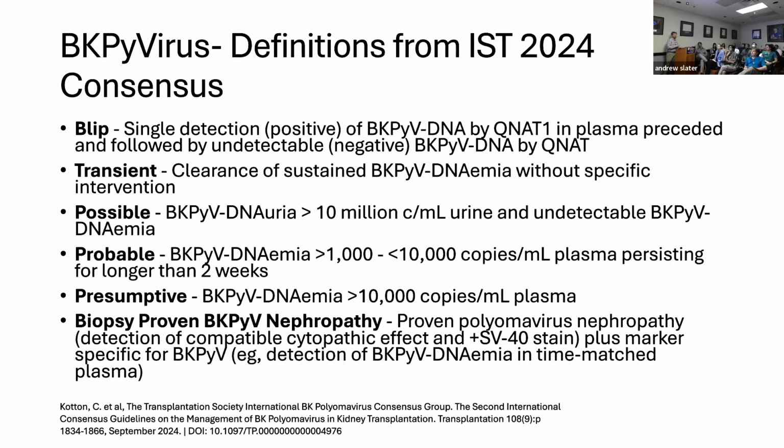Presumptive BK virus nephropathy is when it is greater than 10,000. And then certainly biopsy-proven BK virus nephropathy, well, that's when you have proven polyomavirus nephropathy, right? SV40, a different polyomavirus stain. So we prove that's there, but then you also have a specific serum marker. Okay, then we can make the diagnosis definitively.